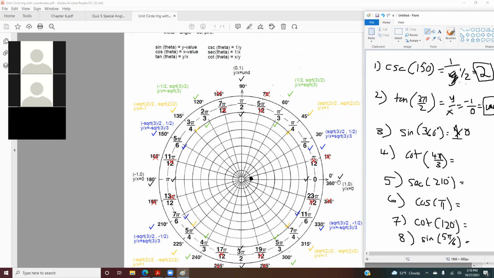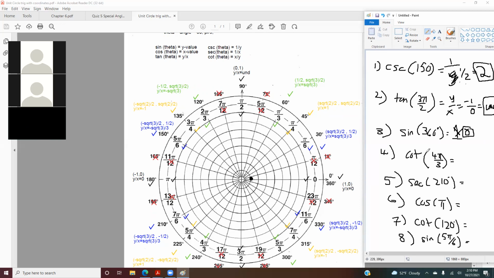If it's 360, this is a 360. And the coordinates is 1, 0. So what is the y value in this case? 0. So in this case, sine 360 will be 0, not 1. Cosine 360 degrees will be 1. Right, next, cotangent 4 pi over 3.